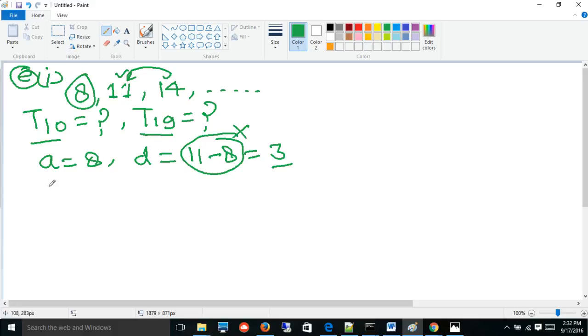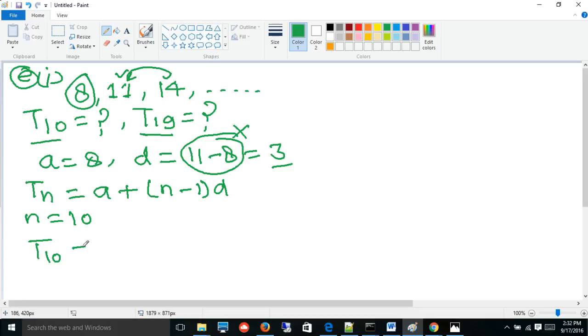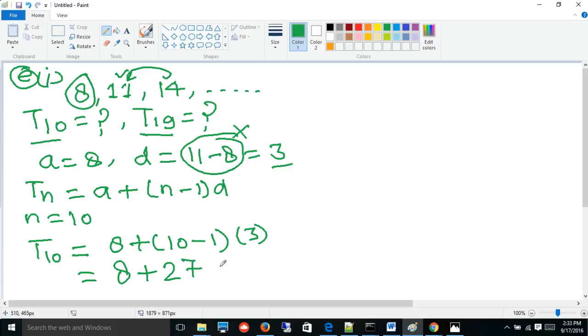Okay, now we will use this formula. Again the same formula, Tn equal to A plus n minus 1 into D. Now we will put the value of n as 10. So we will get T10 equal to 8 plus 10 minus 1 into 3, the value of D. So how much will we get? 8 plus 10 minus 1 is 9. 9 times 3 is 27.